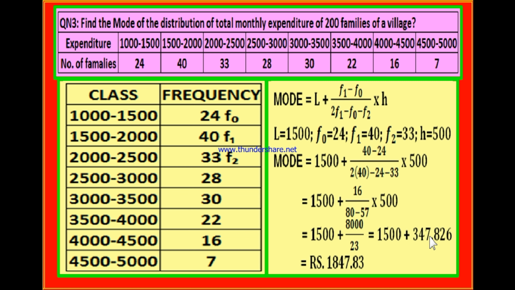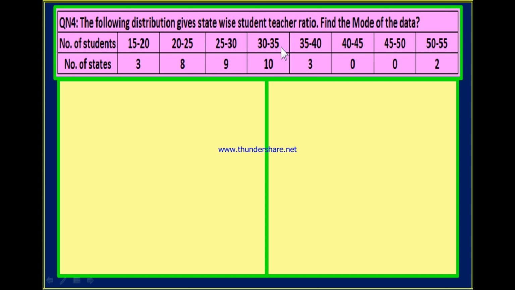Student-teacher ratio 15 to 20, number of states is 3. Student-teacher ratio 20 to 25, number of states is 8. Student-teacher ratio 25 to 30, the number of states is 9. And the student-teacher ratio 30 to 35, number of states is 10.